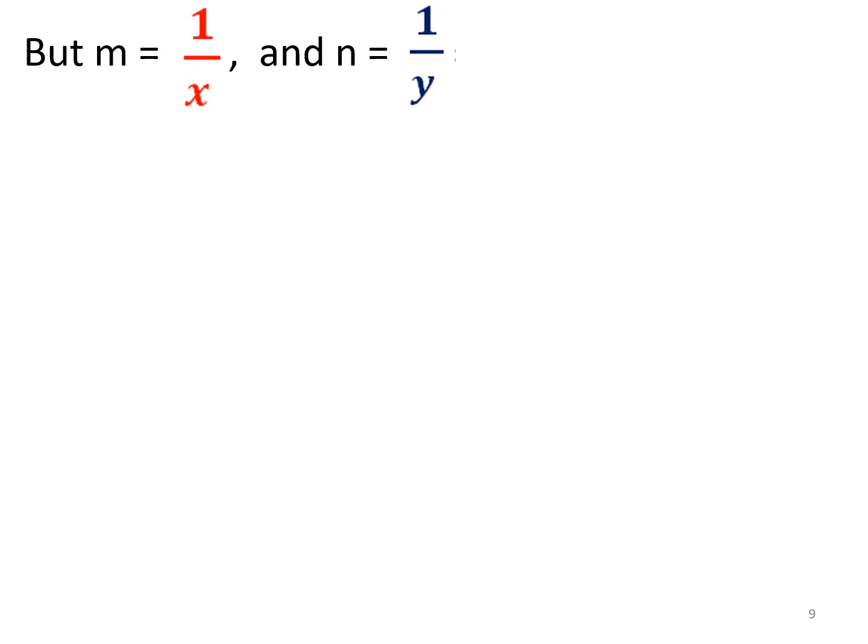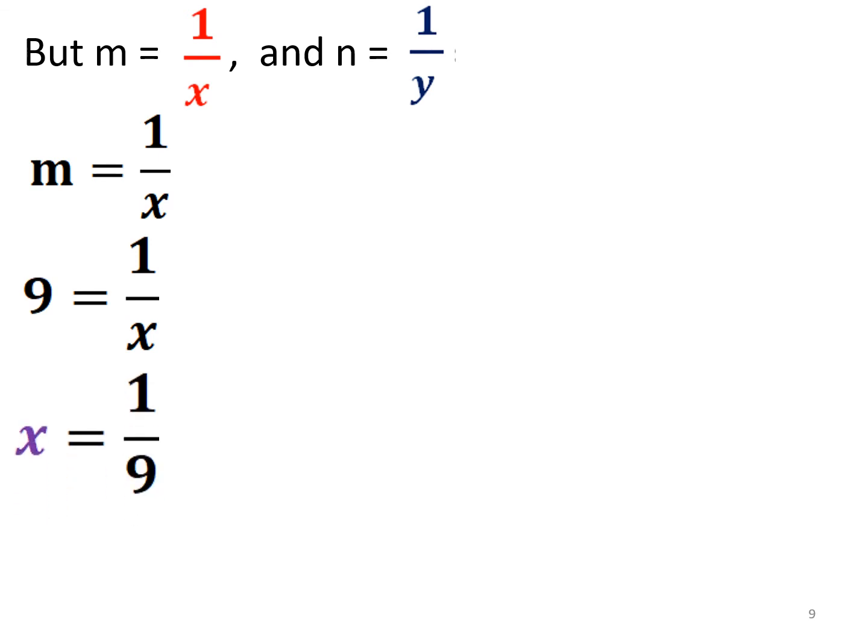But m is equal to 1 upon x and n is equal to 1 upon y. So we shall place the value of m and n in this equation now. So m is equal to 1 upon x. Value of m is nothing but 9. So 9 is equal to 1 upon x and therefore x is equal to 1 upon 9.